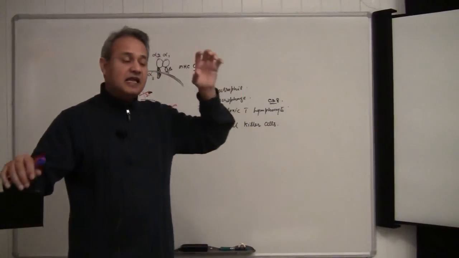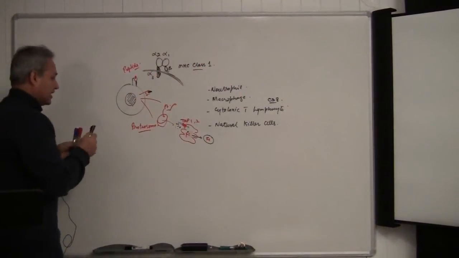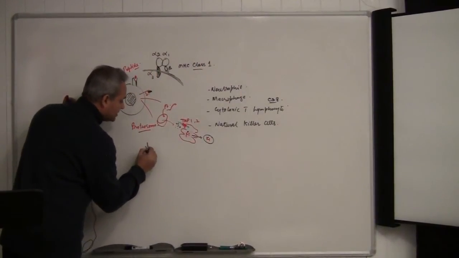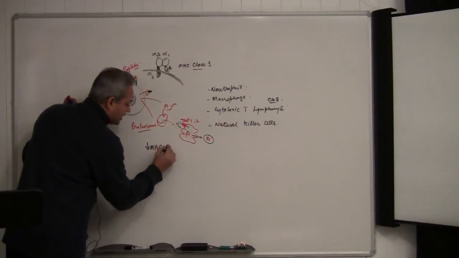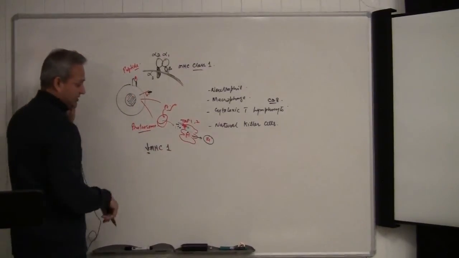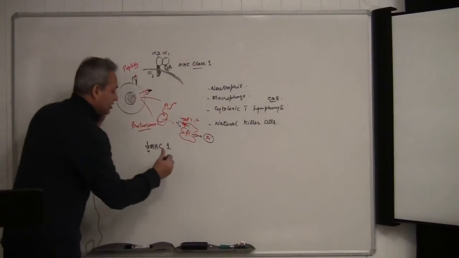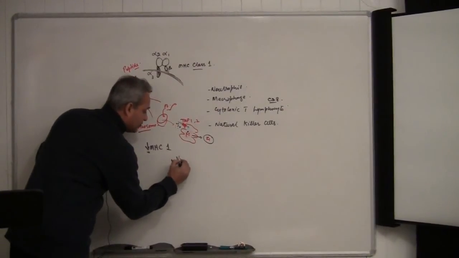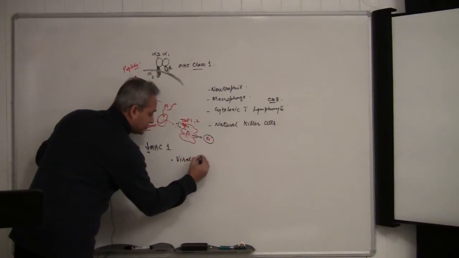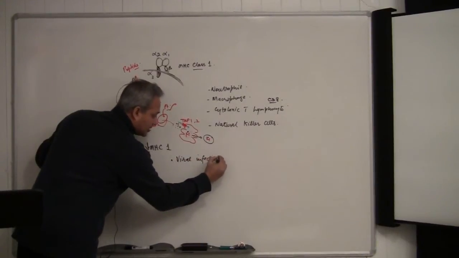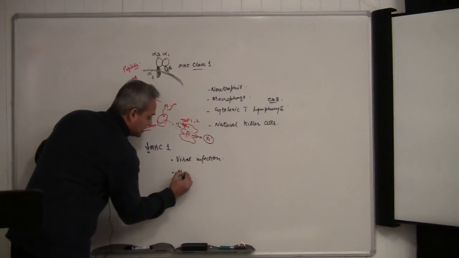So a cell, do not forget this. Why will MHC1 be reduced on a cell surface? That is the question. When? Two reasons. One is viral infection, and the other one is malignancy.